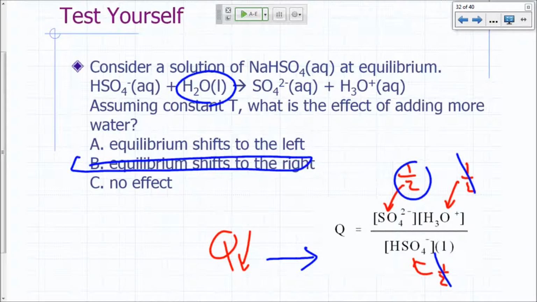Okay. Here's a way of looking at it in terms of the system counteracting what you're trying to do. What is it you're trying to do when you add more water? You're just making the solution more dilute, right? More water makes the solution more dilute. So what the system tries to do is to counteract that, to make more solutes. Here you have 1 mole of solute on the left being replaced by 2 moles of solute.